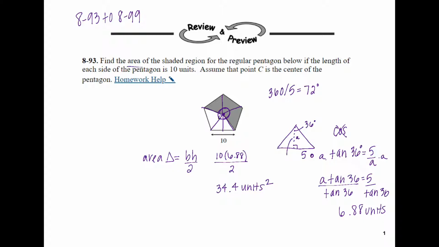So it asked for the area of the shaded region. So we want to take that 34.4, multiply it by 3. So the area of our shaded region is 103.2 units squared.